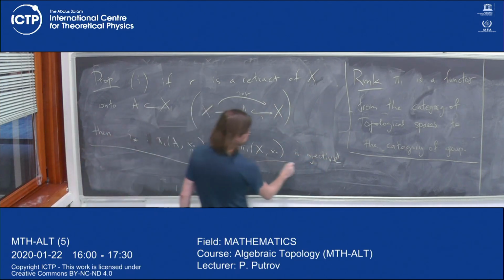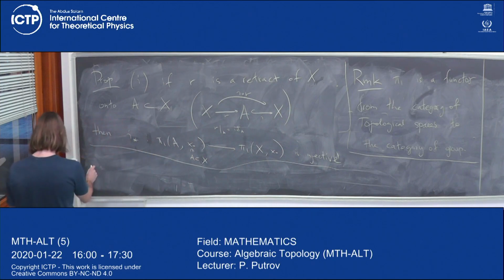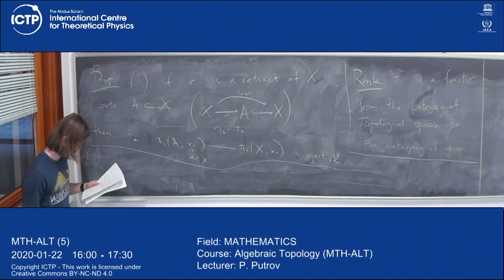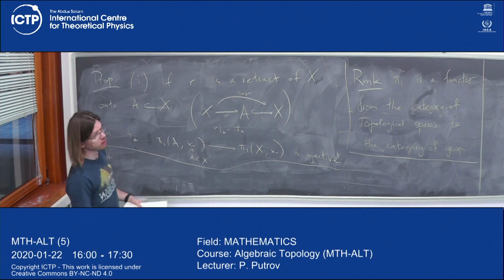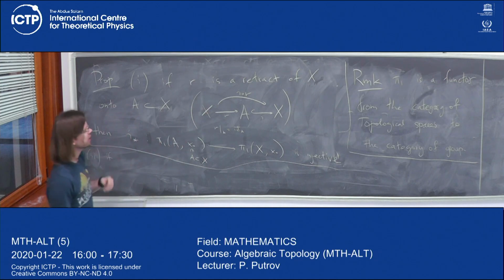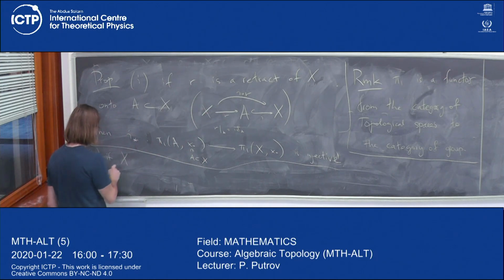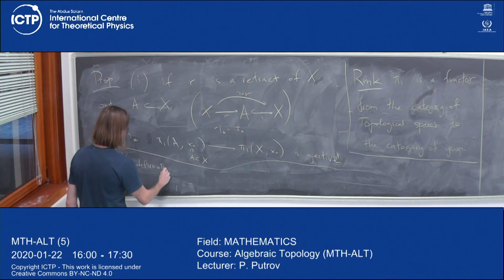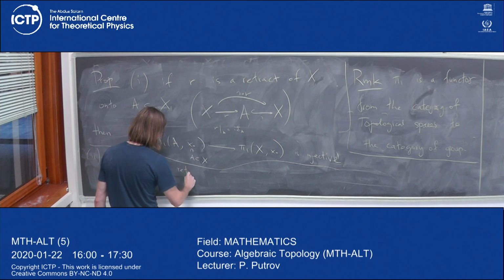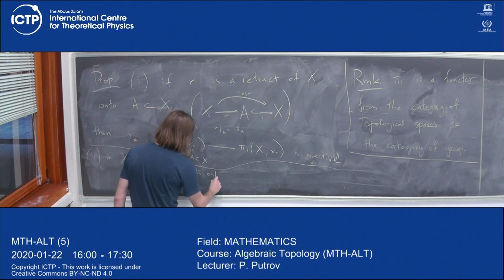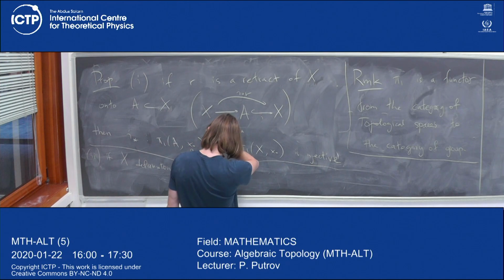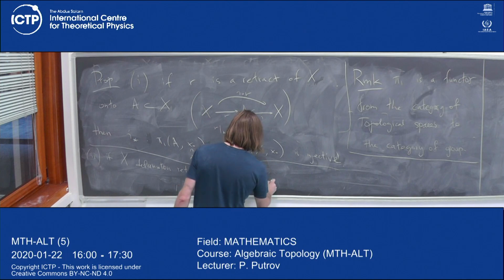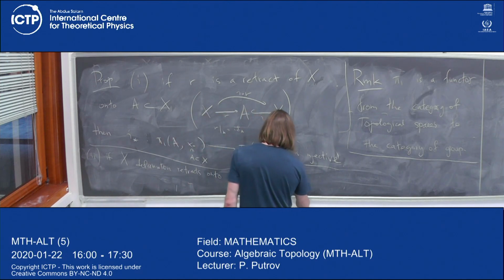The first part is the proposition, and the second part is the situation. If there is a stronger condition, not just a retract, but the condition that X deformation retracts onto A, then i_* is an isomorphism.